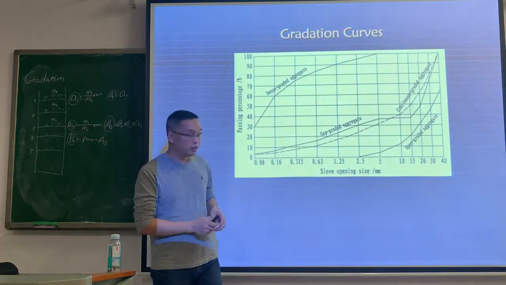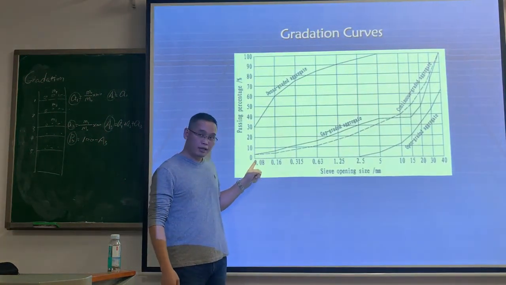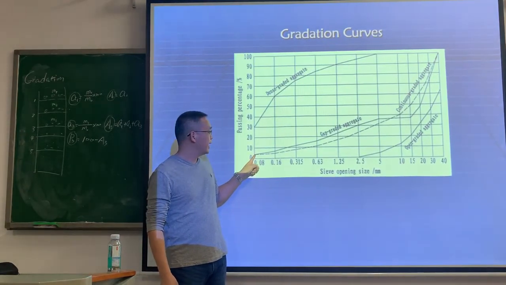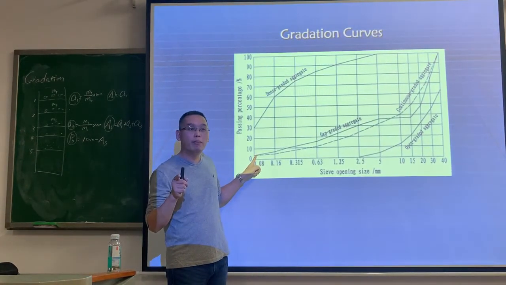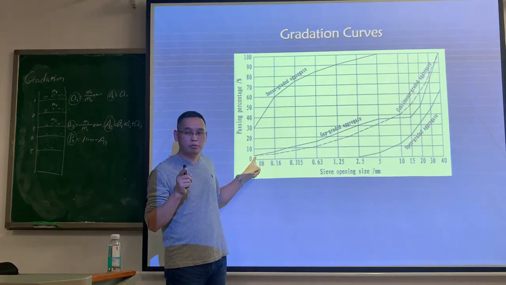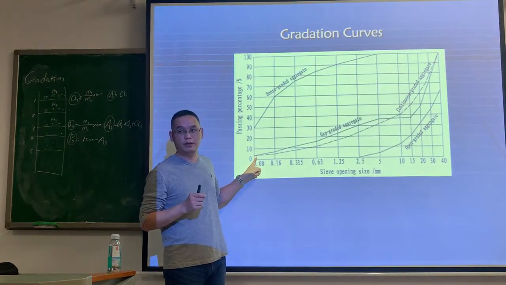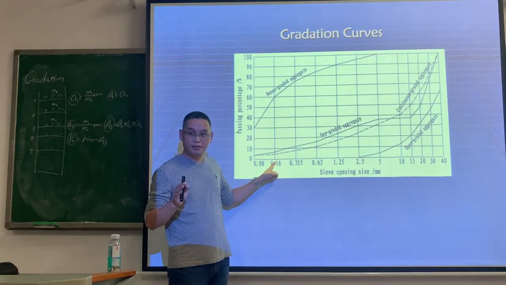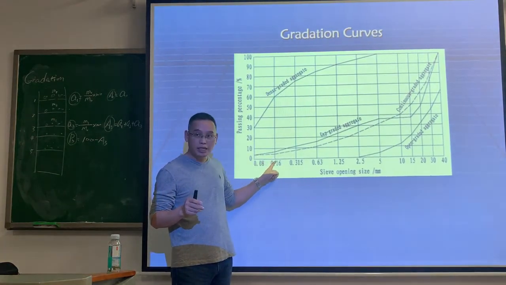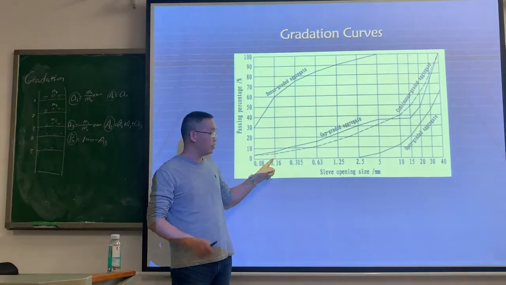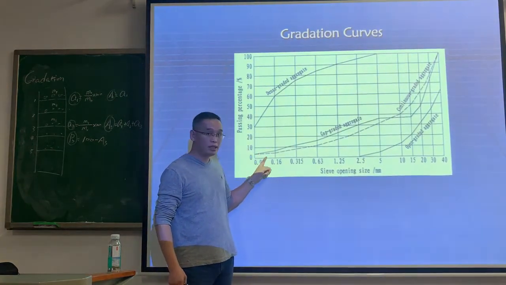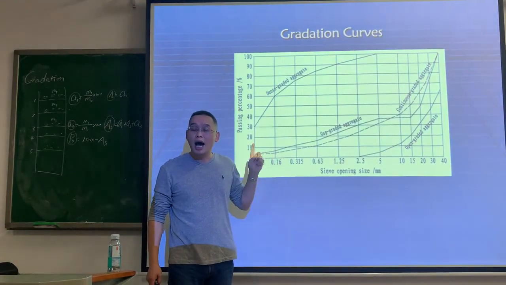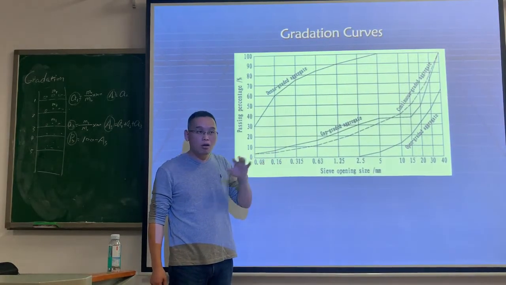For the smallest size, it gets the smallest passing percentage. Then, when the size increases, we can find that the passing percentage increases. And how does it increase?